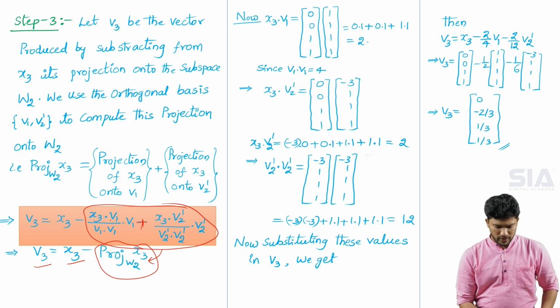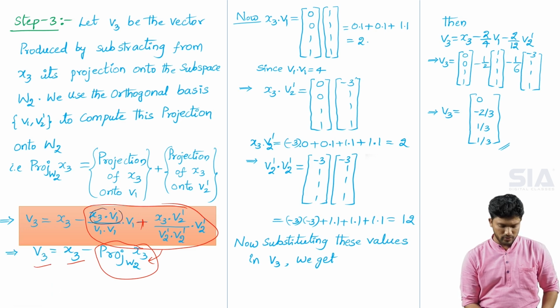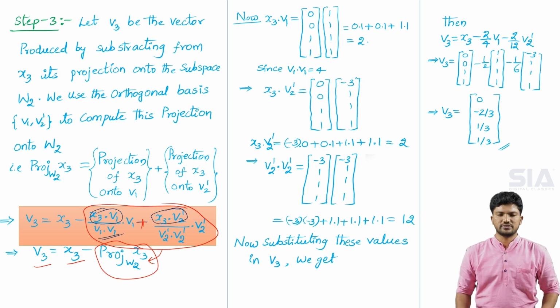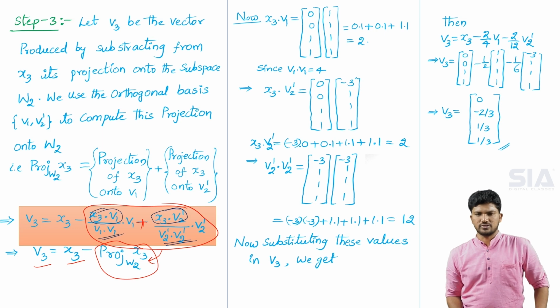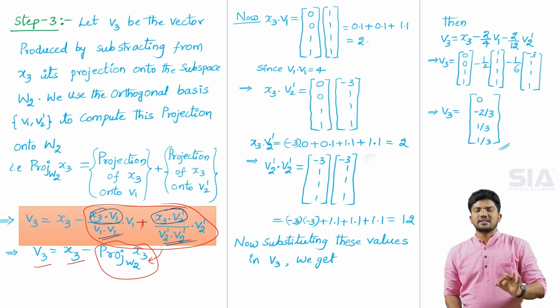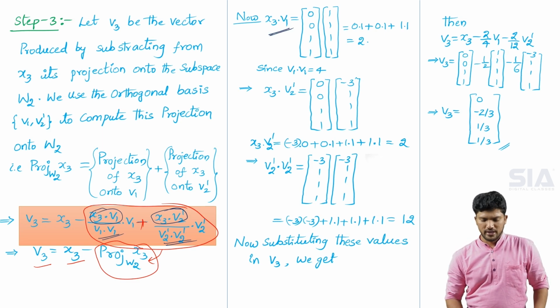Now here also we have to find the values for this x3 into v1 value. Already v1 value we have, and we have to find out the x3 into v2 dash value, and we need to find out v2 dash into v2 dash value also. By finding all these four values, already v1 value is there, so remaining three values we need to find now. So x3 into v1, substitute the x3 vector and v1 vector, multiply them, you will get the value 2.